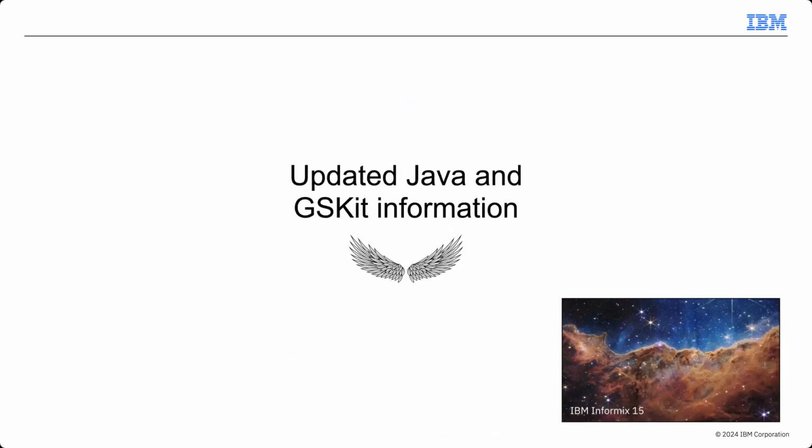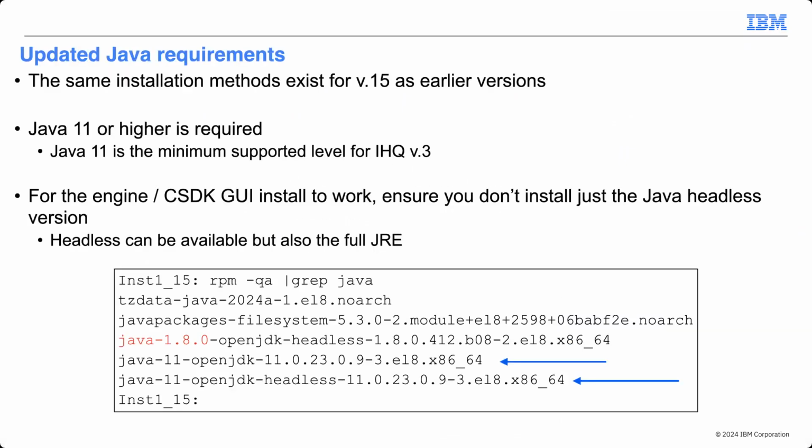Okay, here's some other stuff that changed. Version 15 requires Java 11 or higher to function properly. IHQ version 3, which you just saw, requires version 11 or higher to work at all. If you want to install Informix or use any of the functionality, you must be on version 11 or higher.